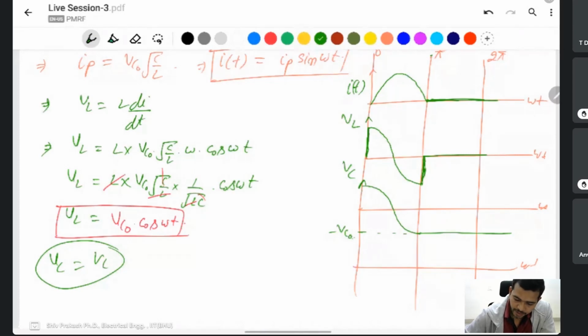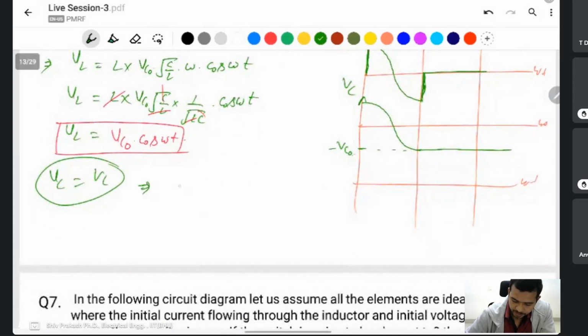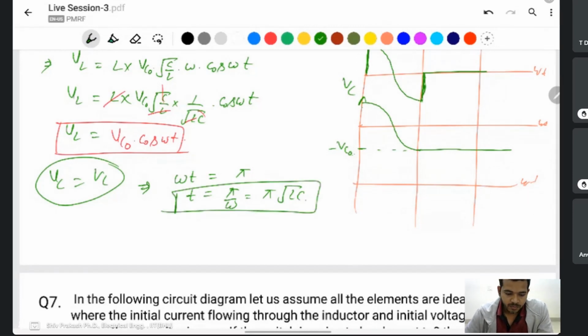Conduction time is pi. You can find the conduction time: omega t is equal to pi, so t is equal to pi by omega. Omega is 1 by root LC. You can put the value of L and C and find the conduction time.